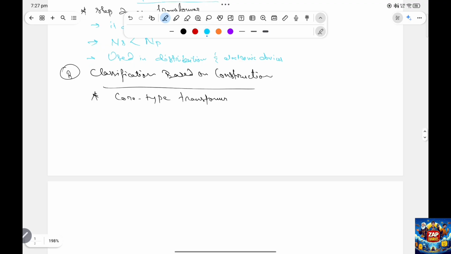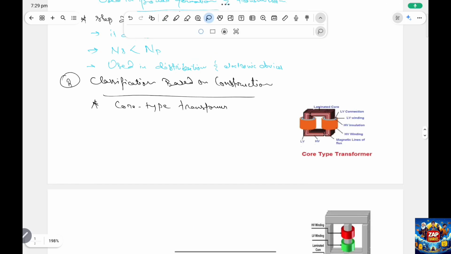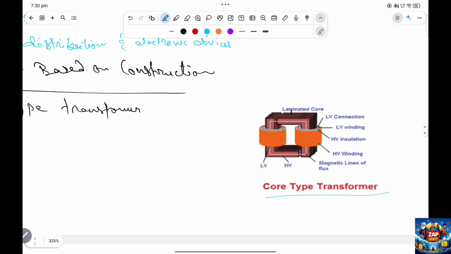Okay, so I have imported a diagram of the two. Basically, now we are discussing core type transformers. Okay, so in that core type transformer, in the diagram you can see there's a core.